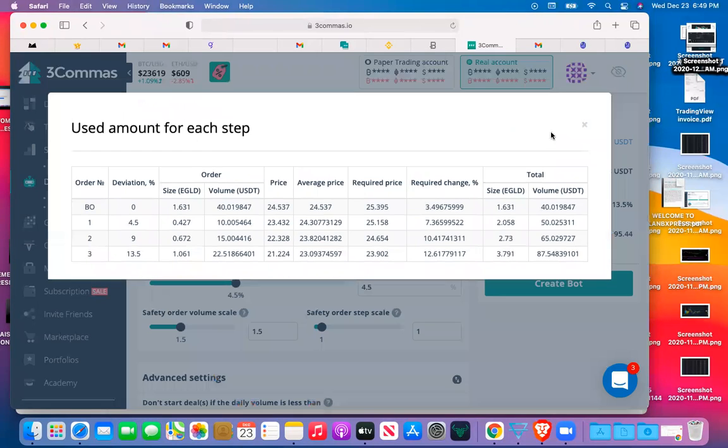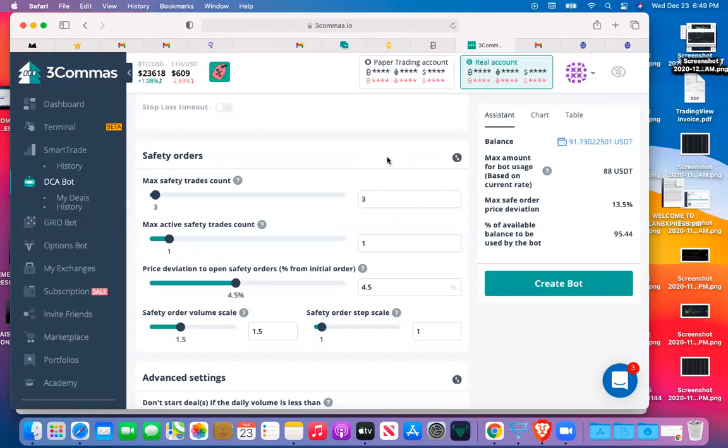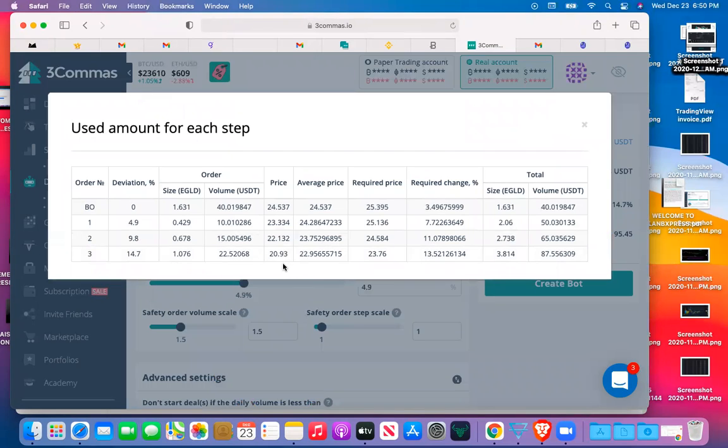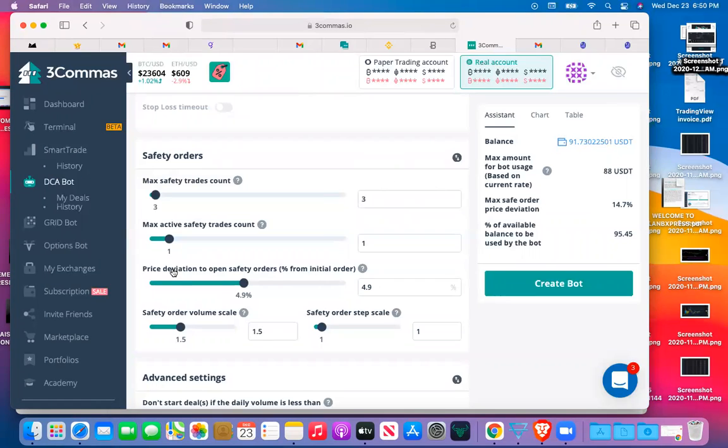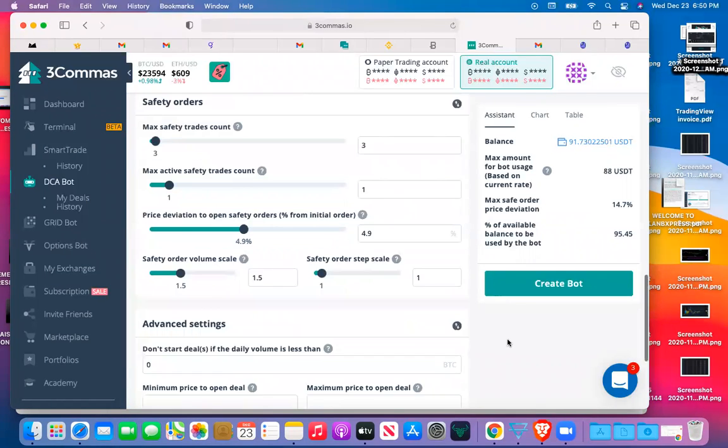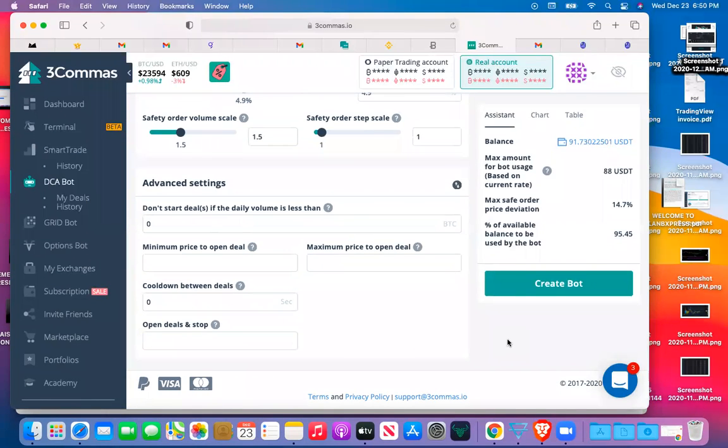Now 4.5%, can you see this? What about 4.9%? Can you see right now? So you can see in that order. I can leave it at that deviation and then keep going, all right? Don't keep it complex, just make it simple so that you can understand what I'm talking about here.